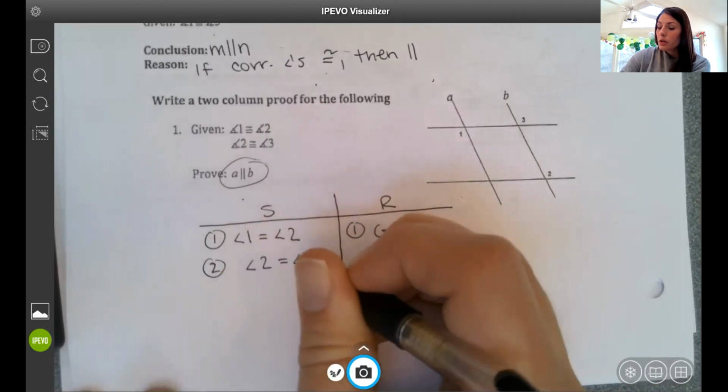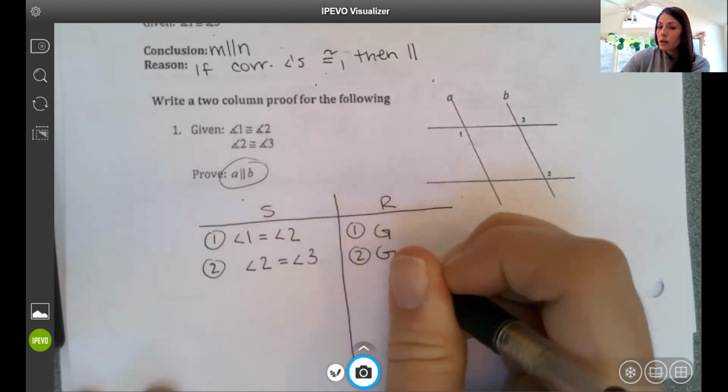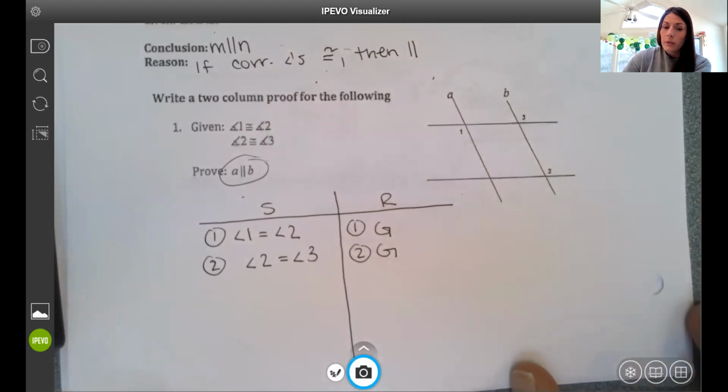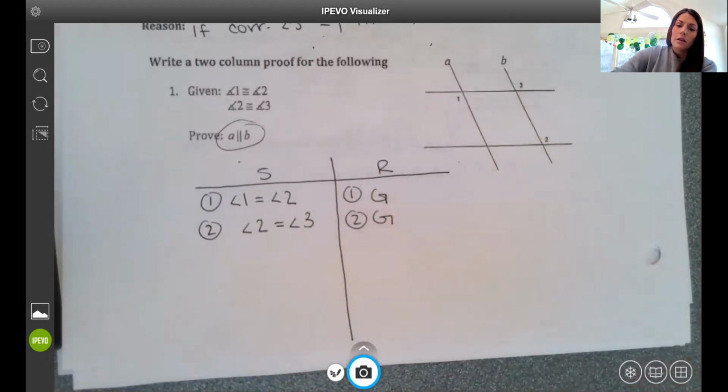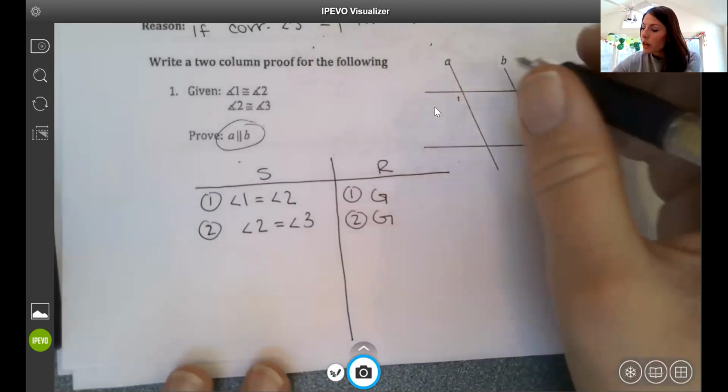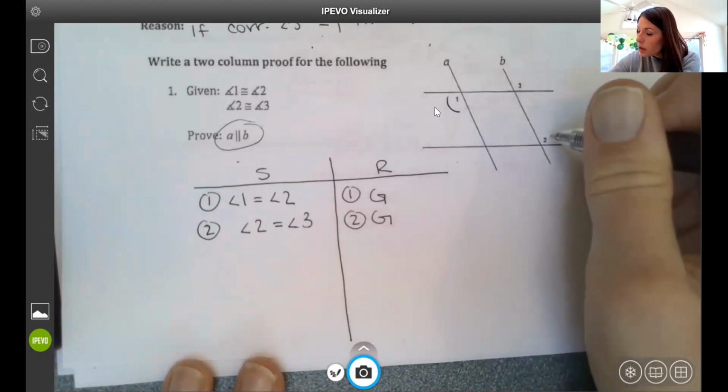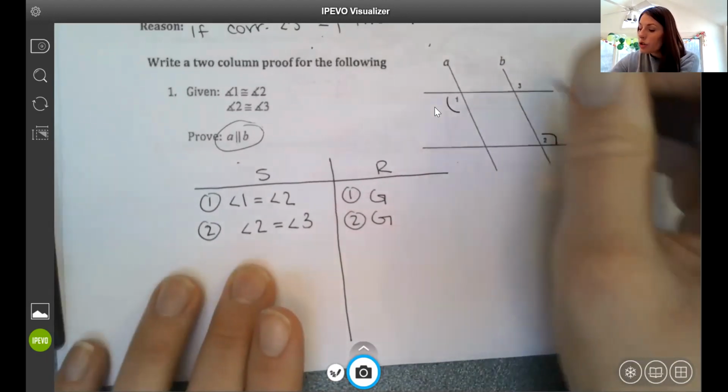And angle 2 equals angle 3, given. And then, so let me mark that 1 and 2 are congruent, and 2 and 3.